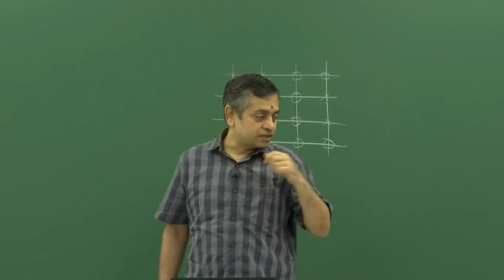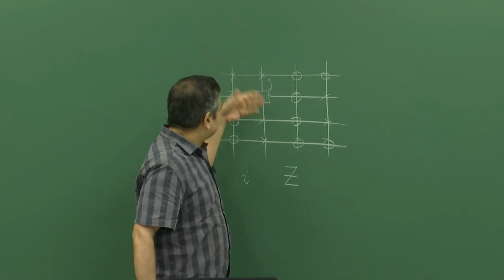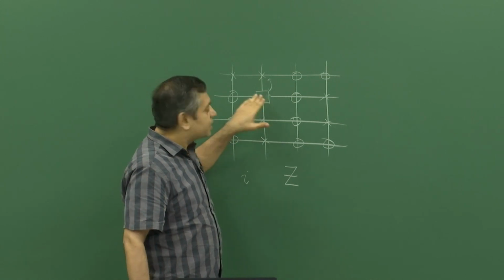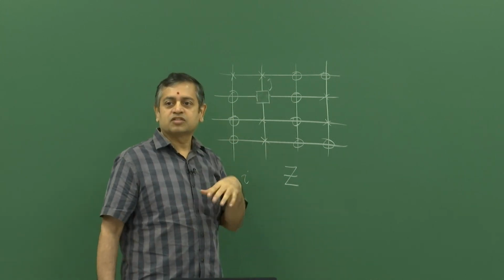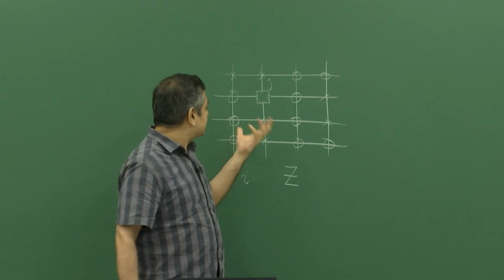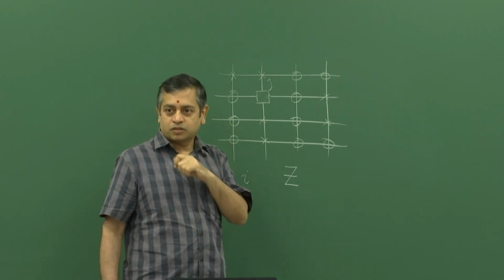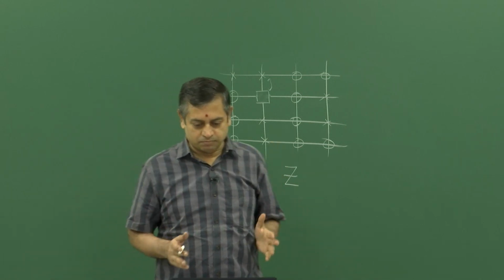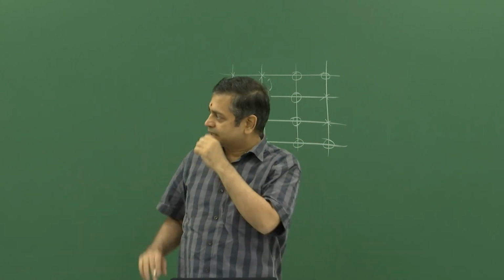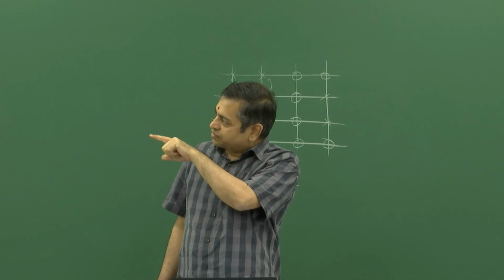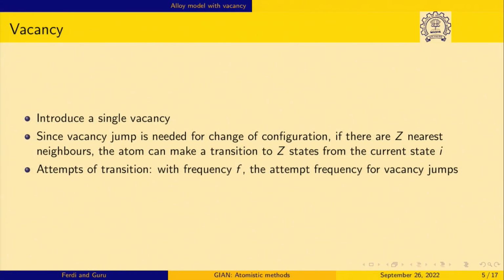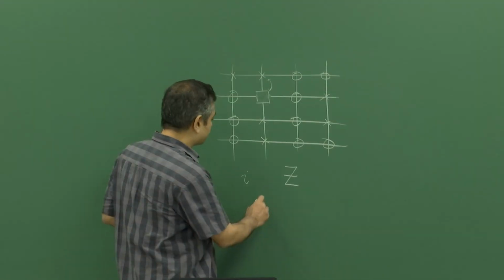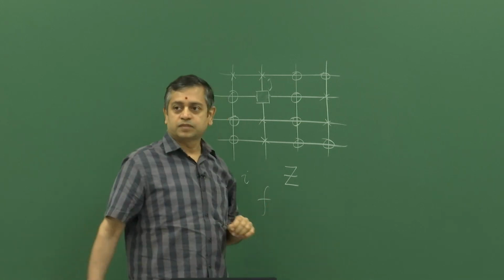So, that means effectively this vacancy stays in that position for some time, and that is the residence time, and that is what we want to calculate, and that is how we want to match the simulation time with the real time. And for the attempt of transition, we assume that the vacancy makes this attempt with a frequency f.